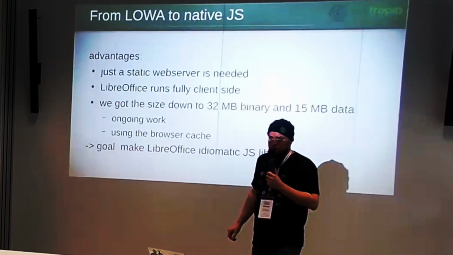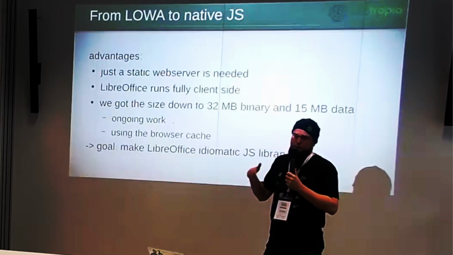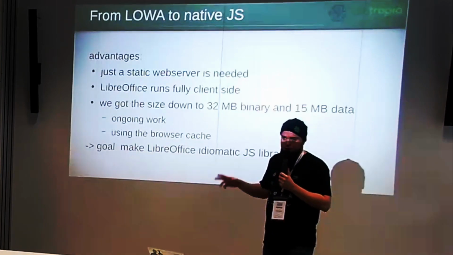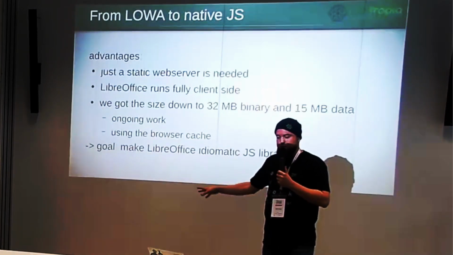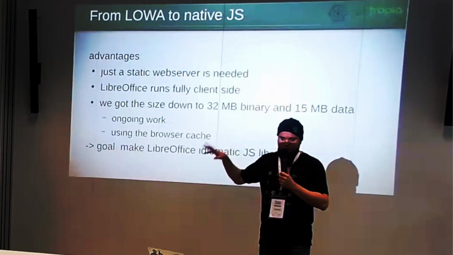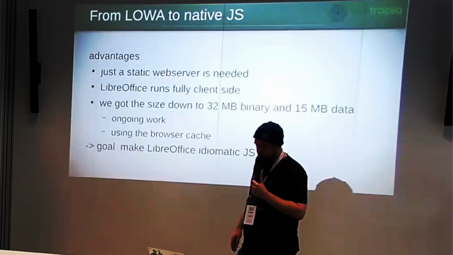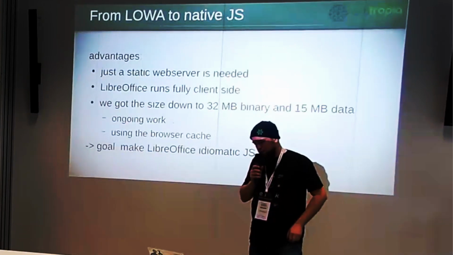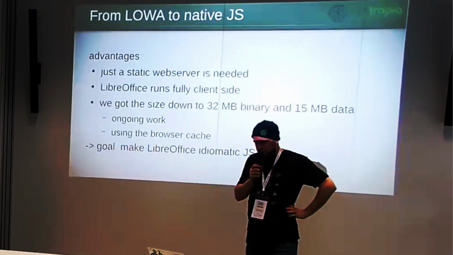We got the size of those files being served via HTTP down to 32 megabytes for the actual application binary, plus 15 megabytes of data like graphics and stuff. And yeah, we have ongoing work there. We hope we can reduce this much further down, having an even smaller file which needs to be served.